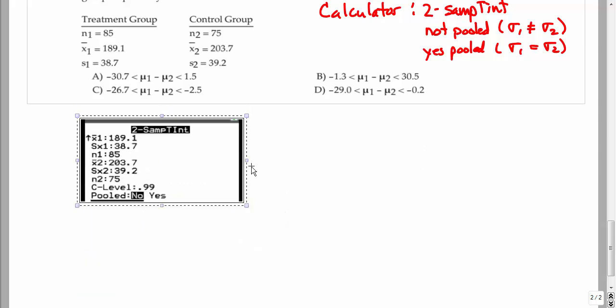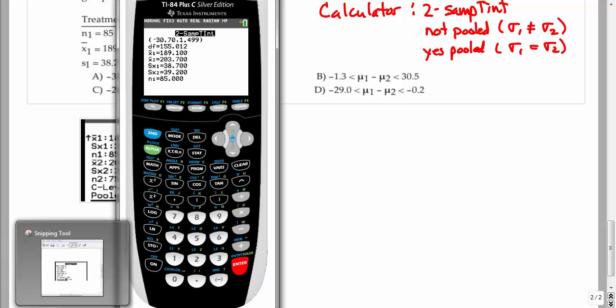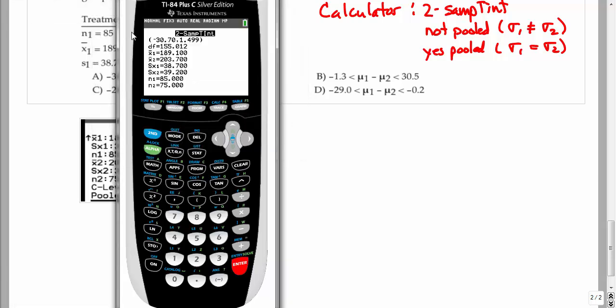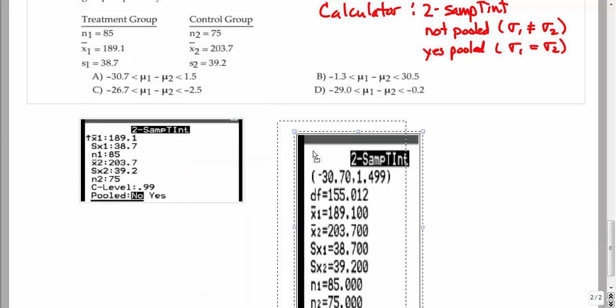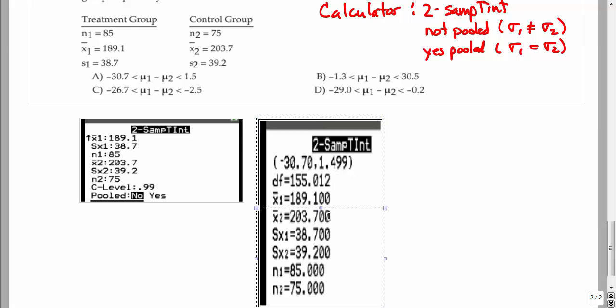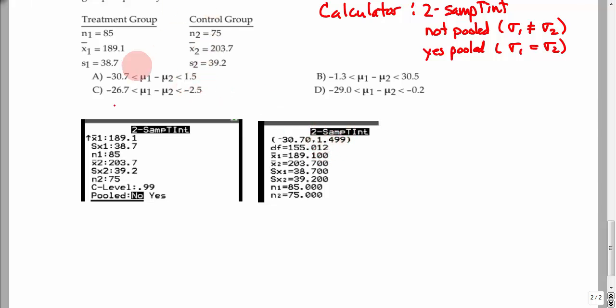Now it's really important on the show your work portion on the test to not mess up entering your data, because you won't have any multiple choice values to compare it against. So let's look at our new confidence interval values to see if they make more sense. It looks like this negative 30.7 to 1.499 matches right up here.